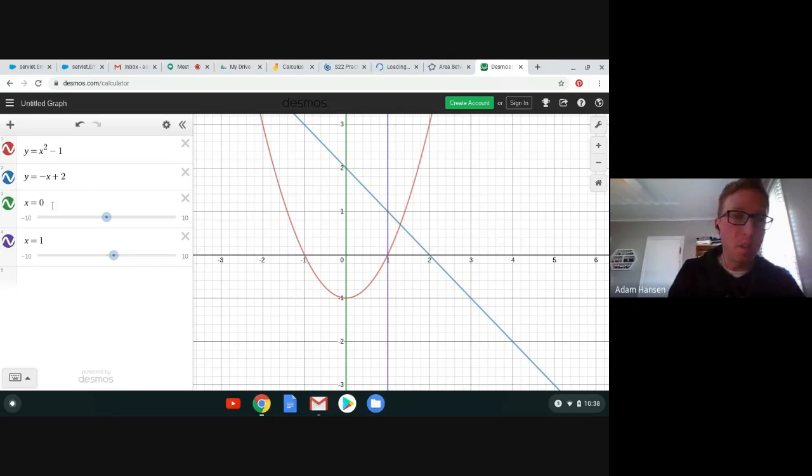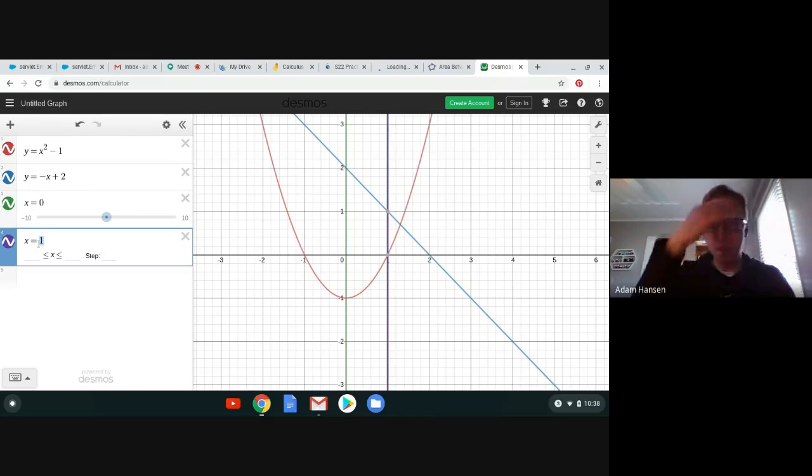They give me x equals 0 and x equals 1, which act as the left and right bounds of the two functions.